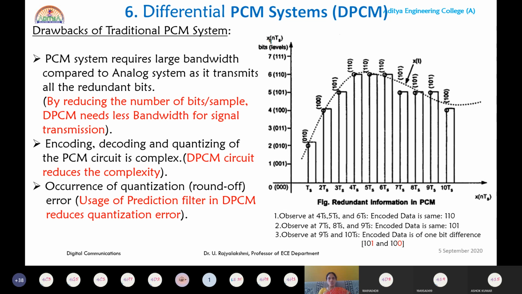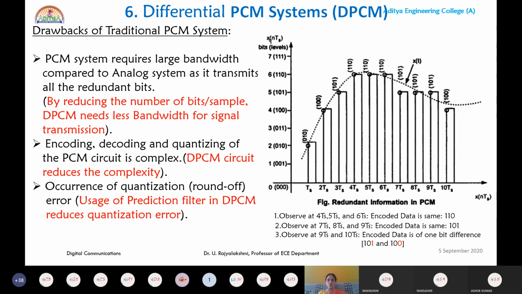Now, if you observe the data at 7TS, 8TS and 9TS, almost all the magnitudes are nearer to 101. Here also the system will transmit the redundant data. The PCM system will transmit this 101 thrice, which means you are transmitting the redundant information thrice.